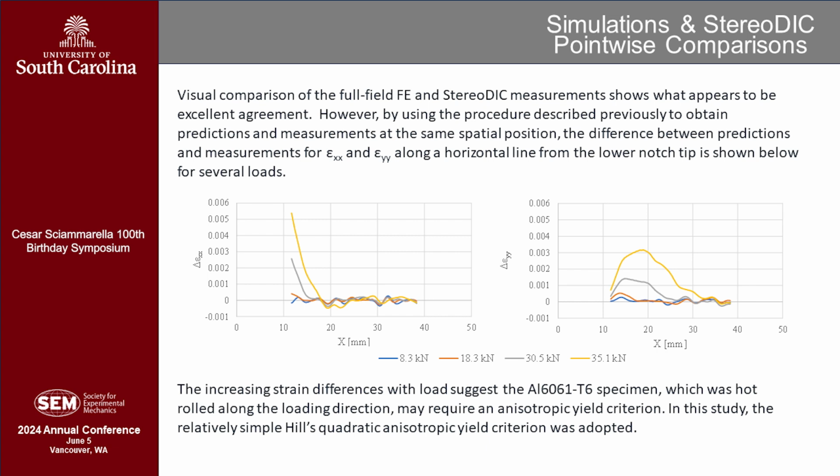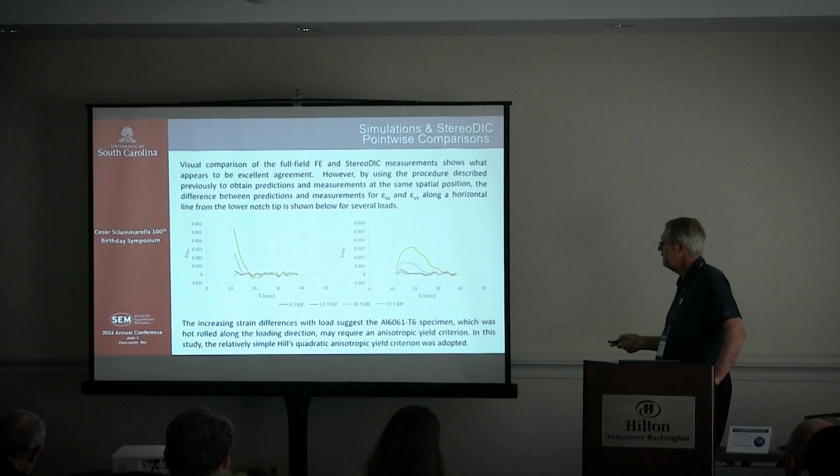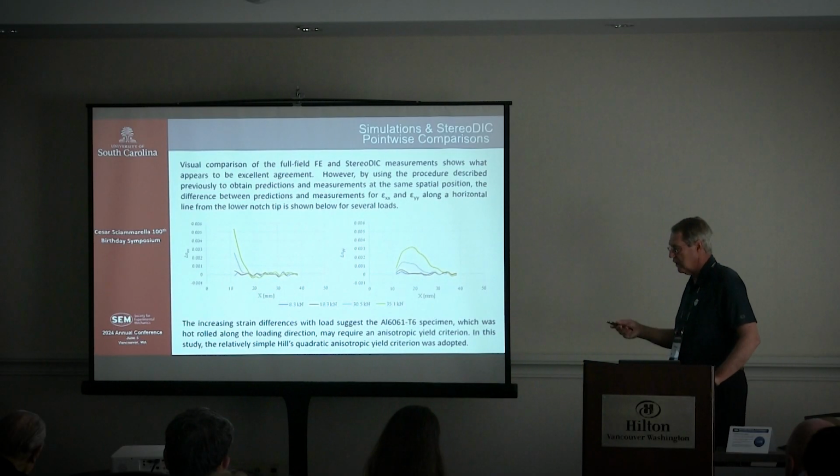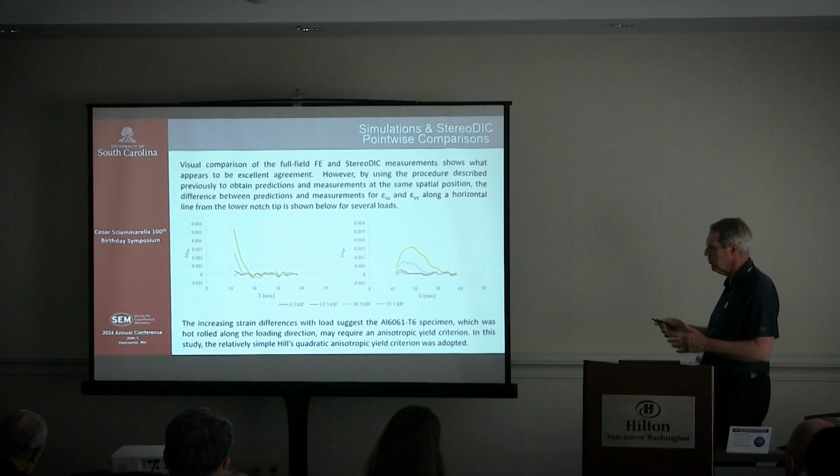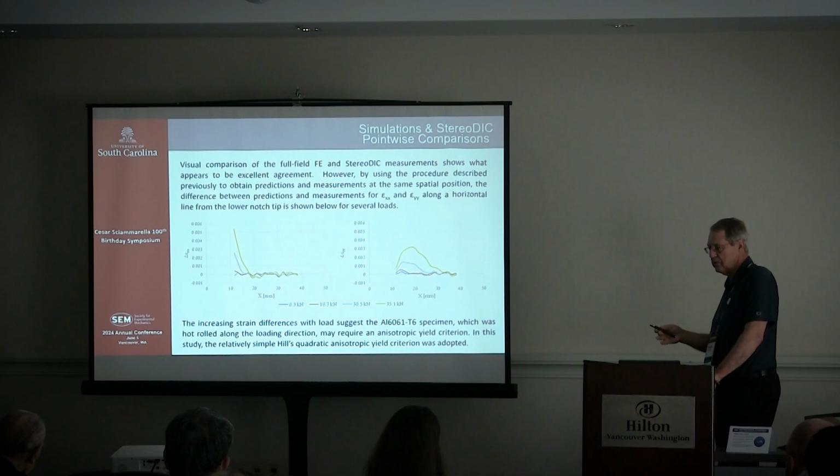This is using direct point-wise comparison, after we've completely registered the patterns to each other. The process for that, as we noted earlier, requires a series of transformations, which are completely detailed in the paper, so you can see how we did it. And over here is EYY, the vertical strain. Again, we're 3 to 4,000 microstrain off at some point.